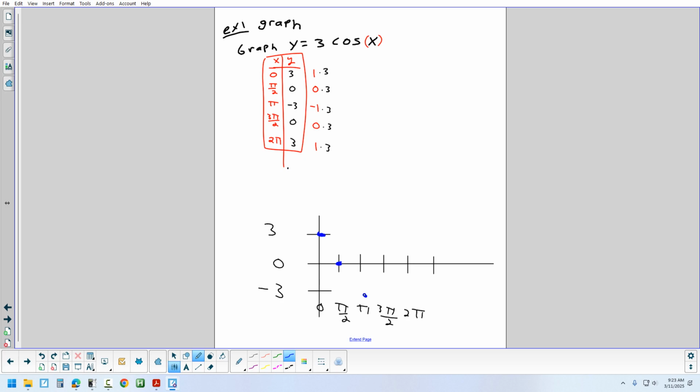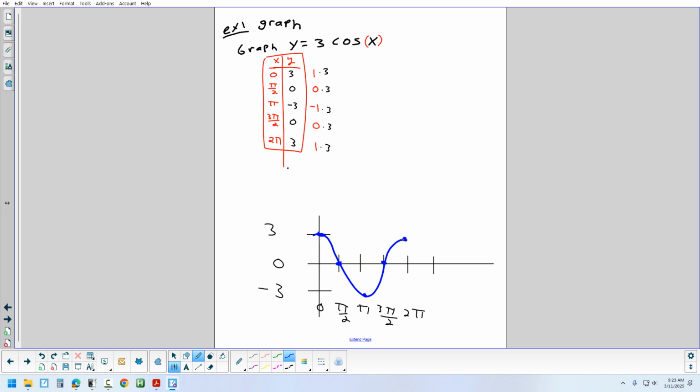Pi right about there, negative 3. 3 pi over 2, we're at 0. And then 2 pi, back at 3. That's it. That's your sketch. Just connected. Any questions on that?